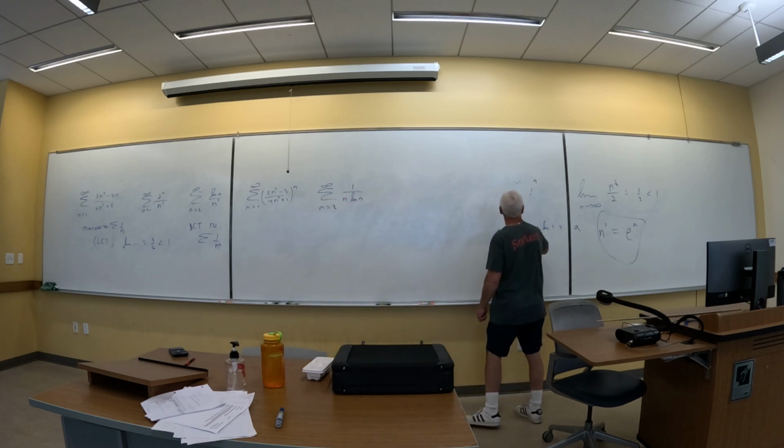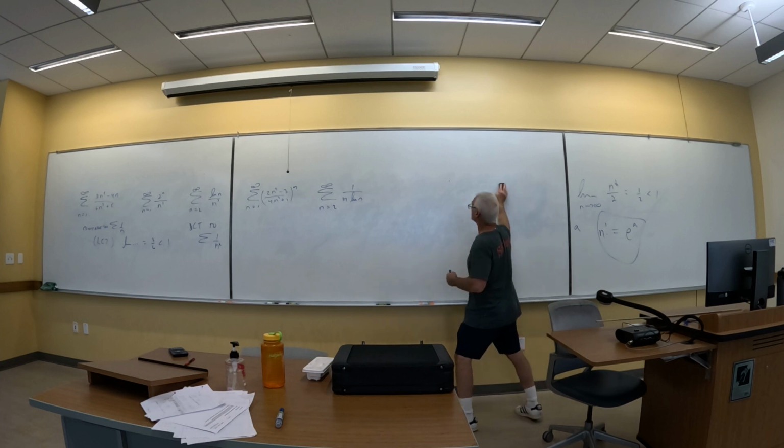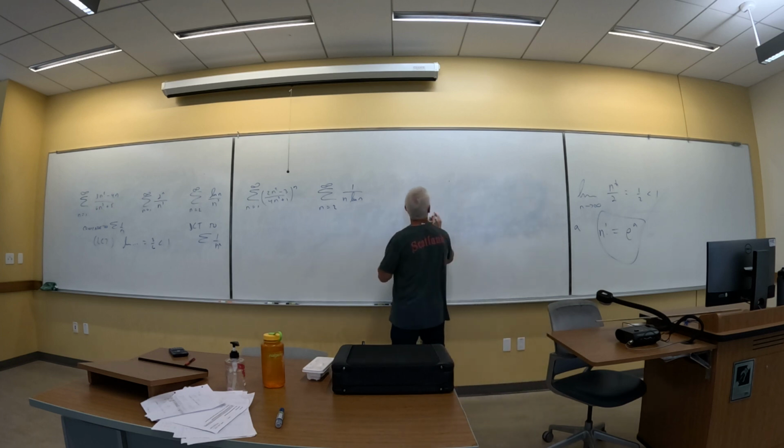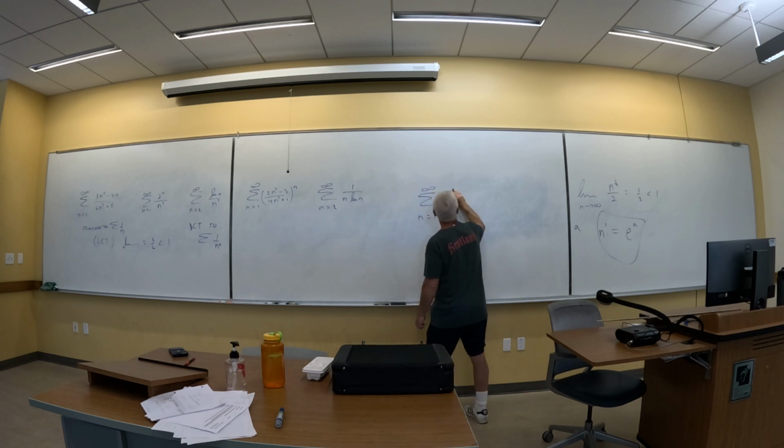Okay, so let's do another one. All right. Let's do the sum from n equal 1 to infinity of, how about, n to the 1,000 over n factorial.